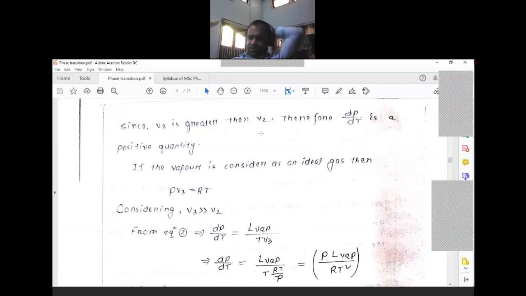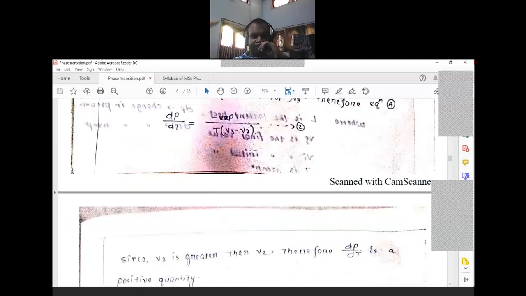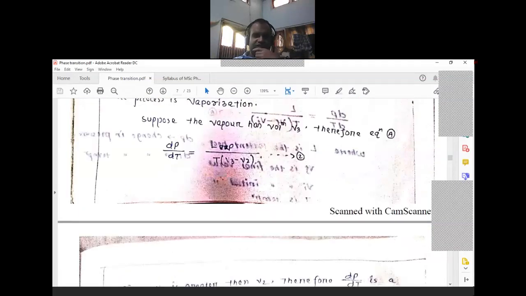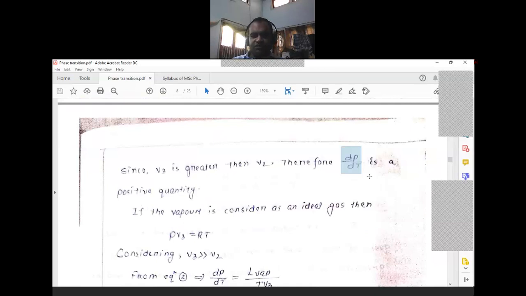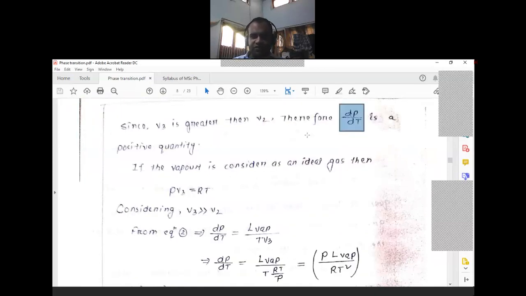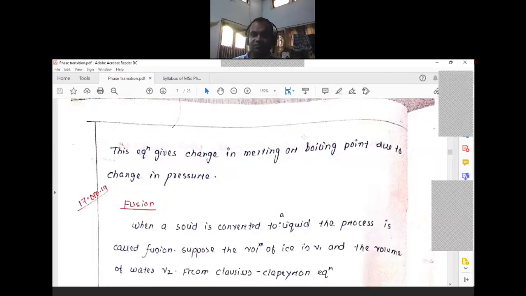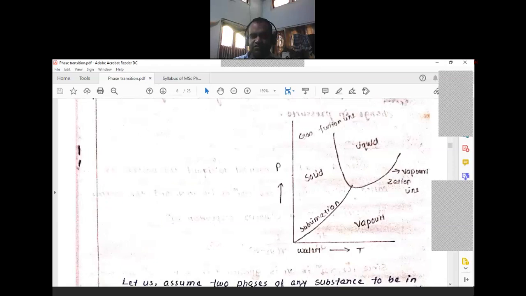So you just have to change the volume values, and in place of latent heat you write L_vap, the latent heat of vaporization. Here V3 is greater than V2, because the vapor has a larger volume than the liquid or the water. Now if you see this equation, if V3 is greater than V2, then dP over dT will be a positive quantity.